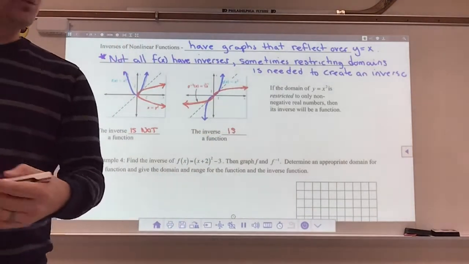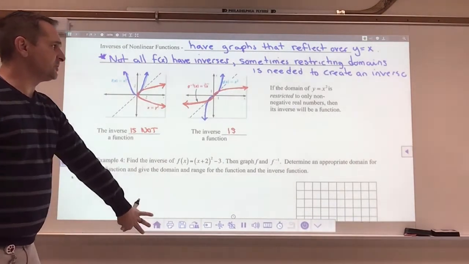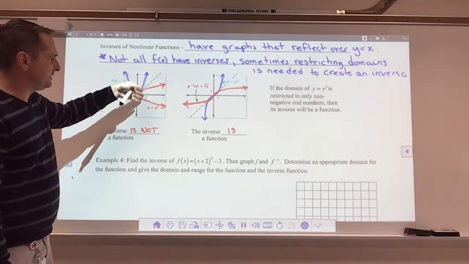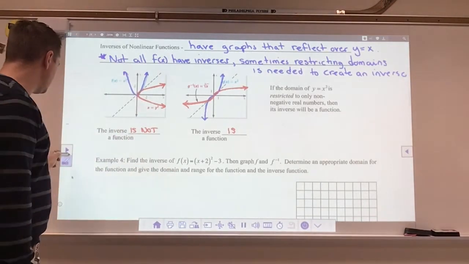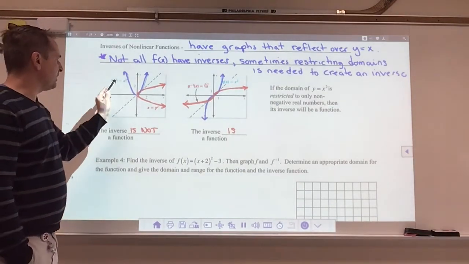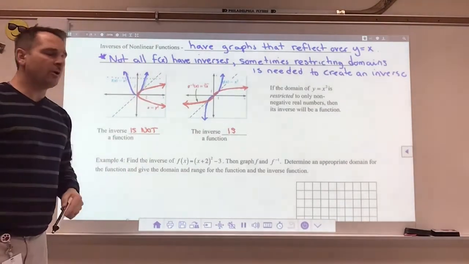There's a couple different ways that we can work on this. One way that you'll see down in the notes in a second is, do we need to build the graph and test the vertical line test again? No, not necessarily. There is another test called the horizontal line test.